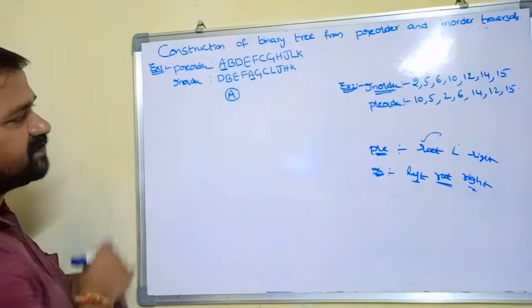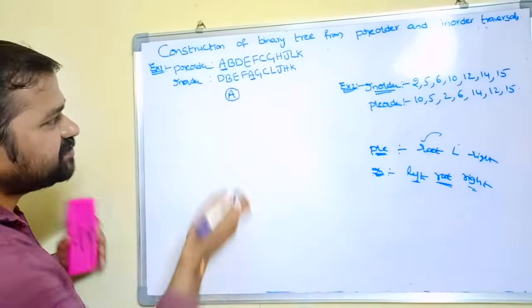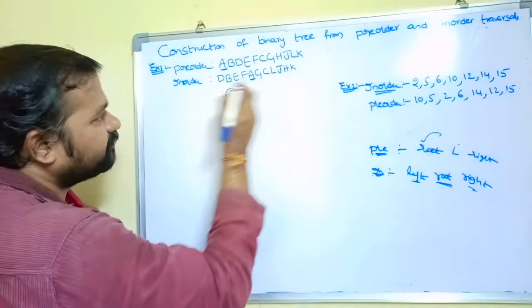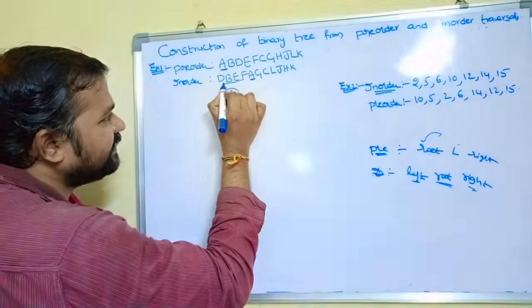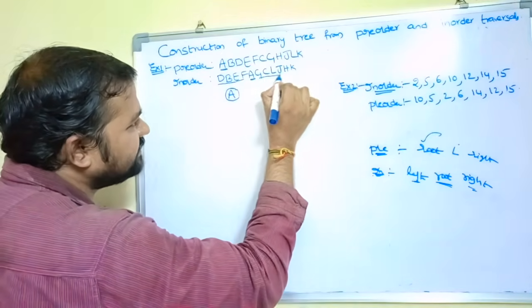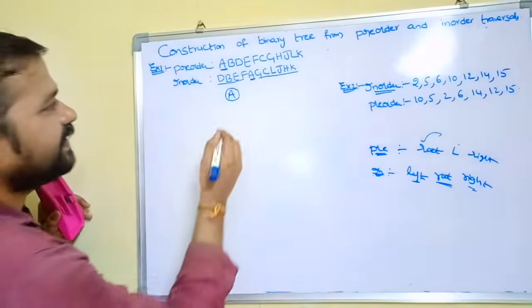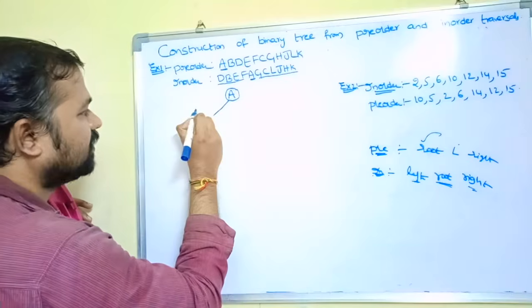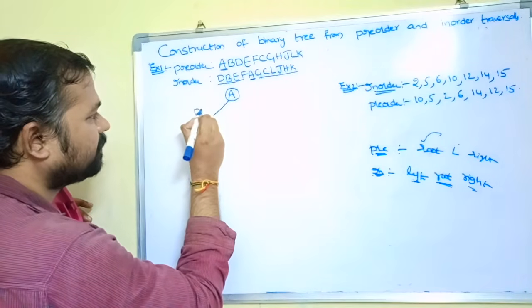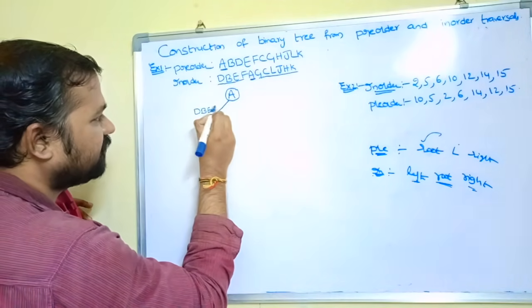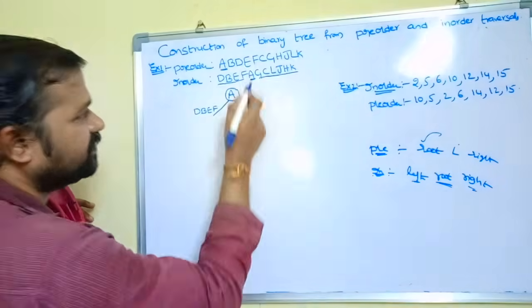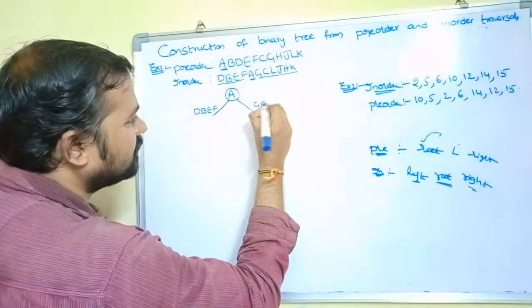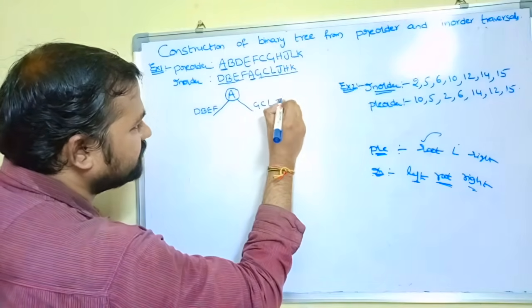In inorder traversal, it is left, root, right, and here the root node is A. So the left subtree will become D, B, E, F, whereas the right subtree will become G, C, L, J, H, K. DBEF is nothing but the left subtree, whereas the right subtree is GCLJHK.